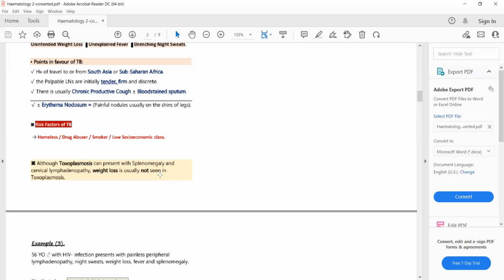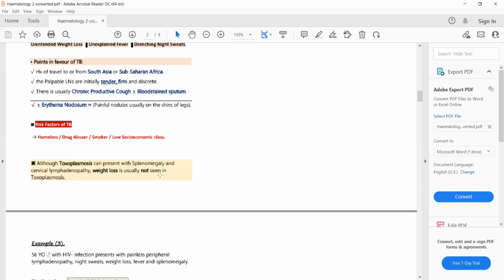So it's a lymphoma. Now the next question is whether it is a Hodgkin lymphoma or a non-Hodgkin lymphoma. Remember that non-Hodgkin lymphoma is common in patients with HIV. So if you see a patient with HIV with a diagnosis of lymphoma and they give you both Hodgkin lymphoma and non-Hodgkin lymphoma in the options, then you will select non-Hodgkin lymphoma.